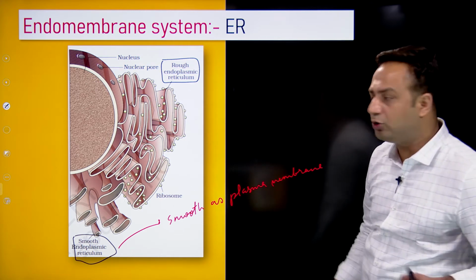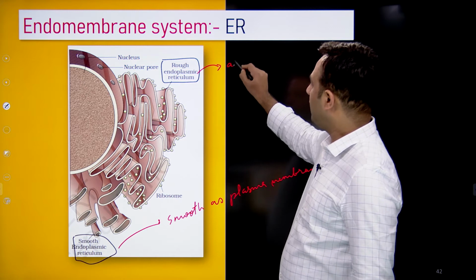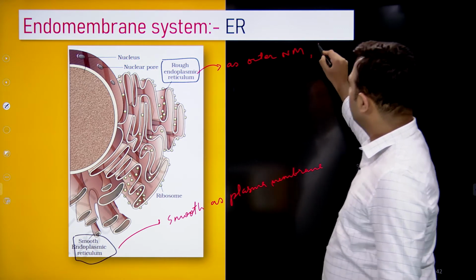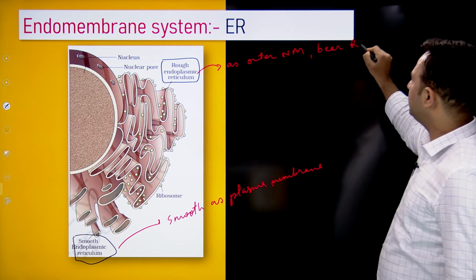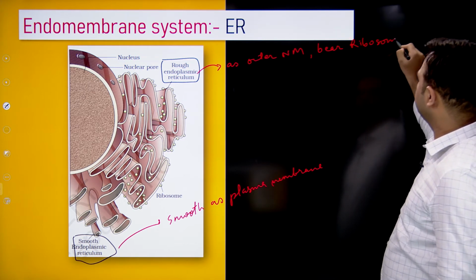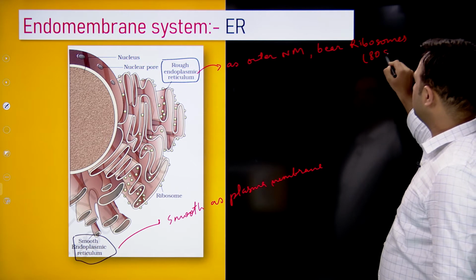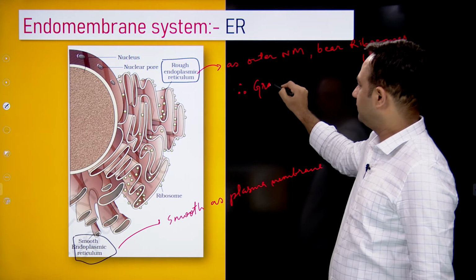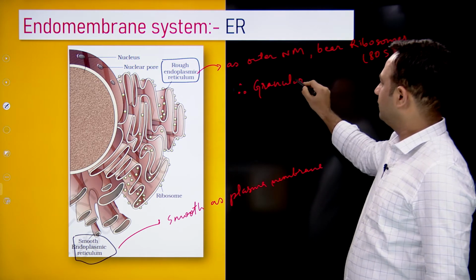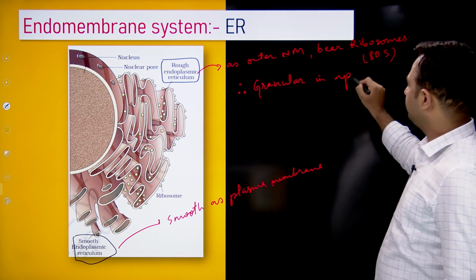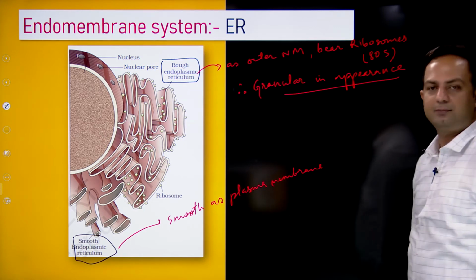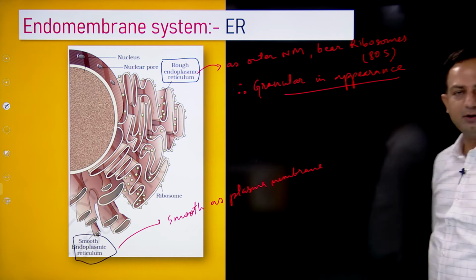Rough endoplasmic reticulum, like the outer nuclear membrane, bears ribosomes on the surface. Which ribosomes? 80S ribosomes. Therefore, granular in appearance. This is granular in appearance. That kind of character we can mention.